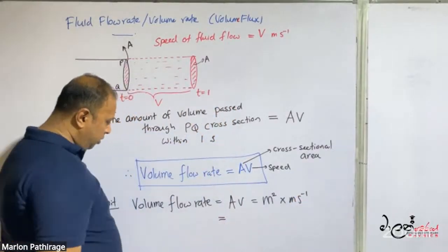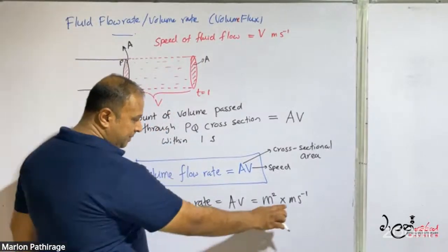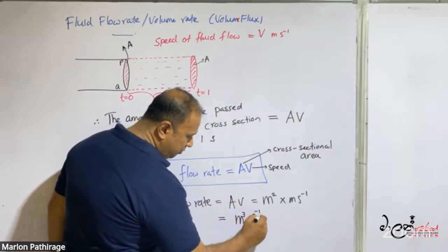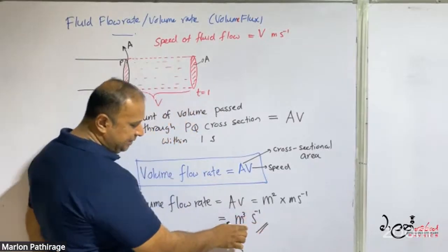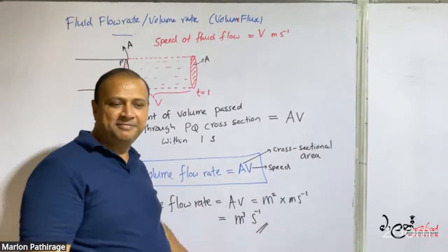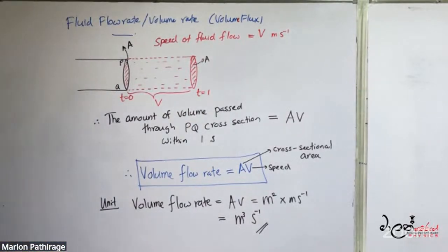Therefore the unit of volume flow rate is meter cube per second.